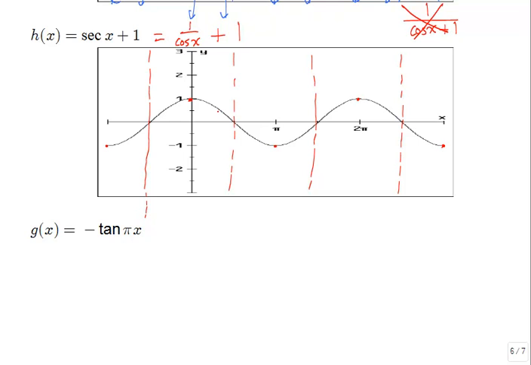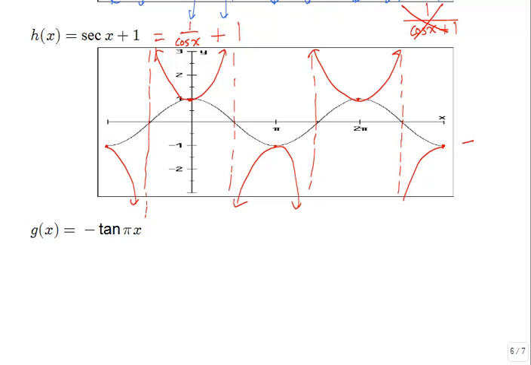These are all positive y's, so this is going to be a positive U, a U going up. These are all negative y's, so this is going to be a negative U. So U pointing up, U pointing down, and so on.